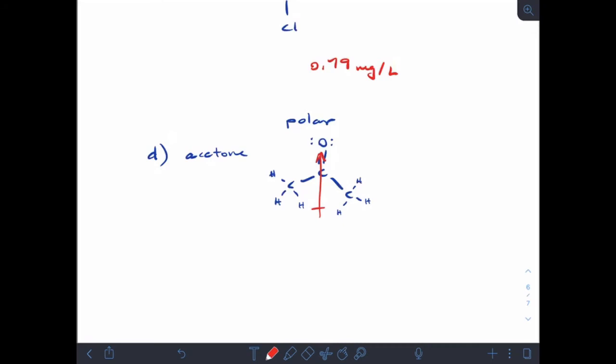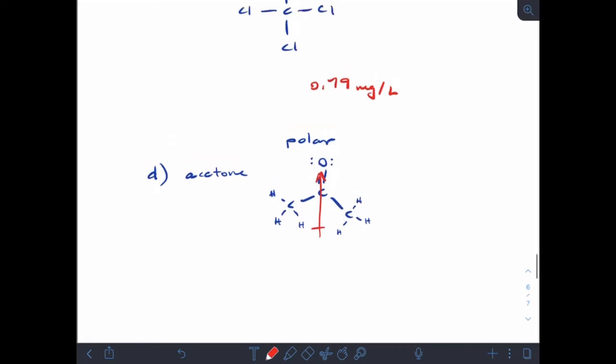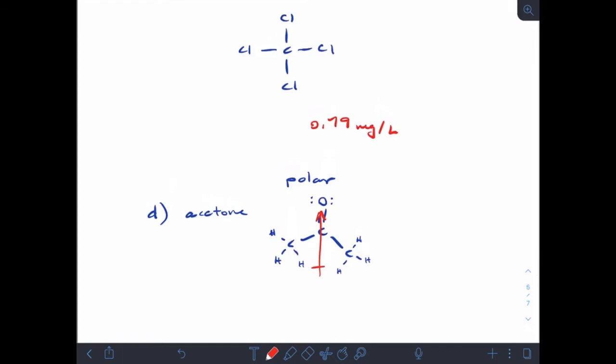So it's a polar molecule, and just by that nature, if I put this polar molecule in water, I go from, our previous example had 0.79 milligrams per liter. Not even a whole milligram will dissolve in a liter of water. When I do this with a polar molecule like acetone, I can get 1 whole gram in a liter of water.